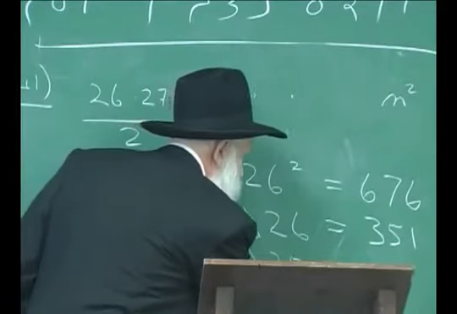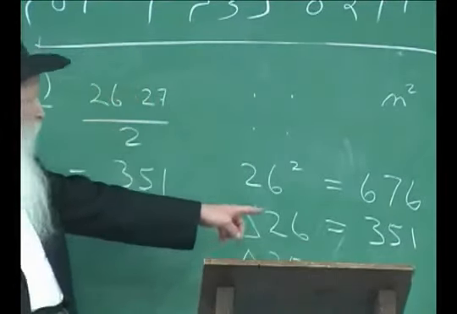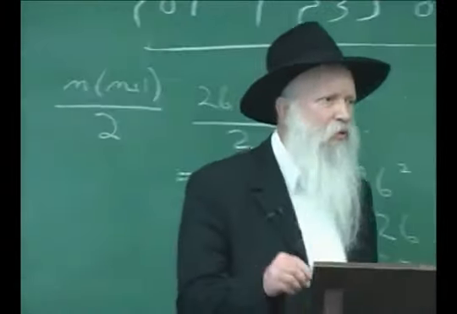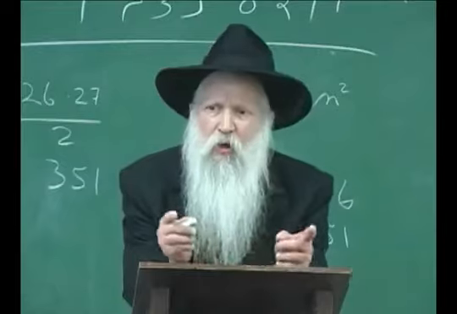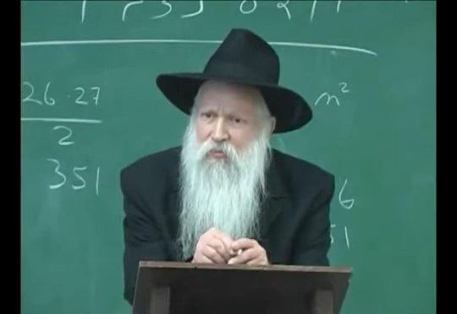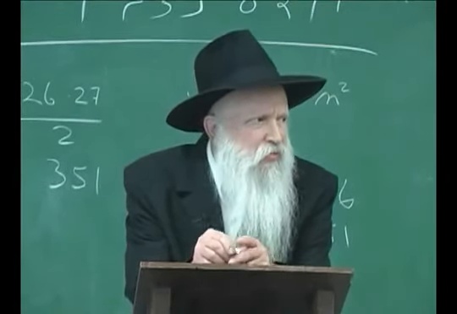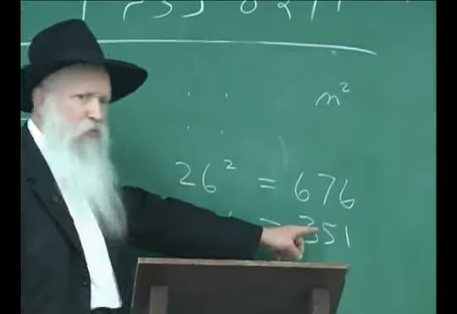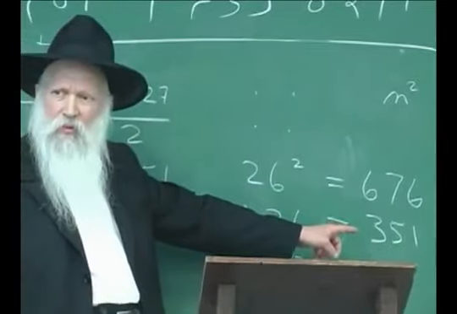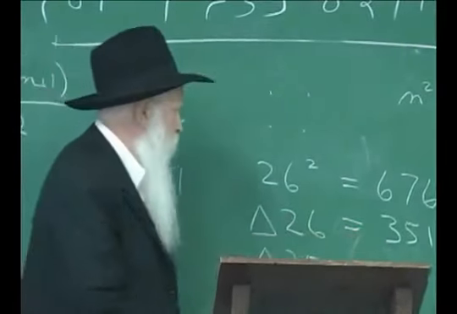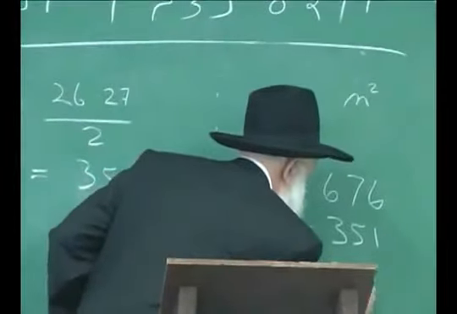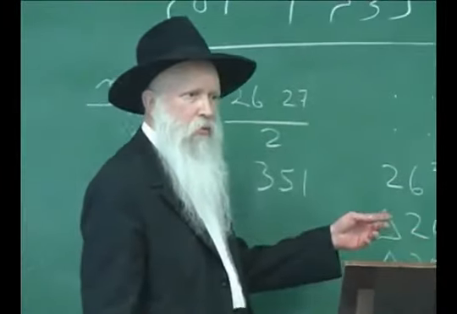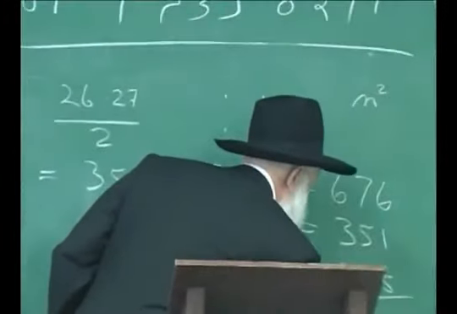You can just figure this out by taking this number and subtracting 26, because the triangle of 25 is all numbers from 1 to 25, and the triangle of 26 is all numbers from 1 to 26. So if you take off 26 from this number, that's 325. How much do these two numbers equal together? 676.